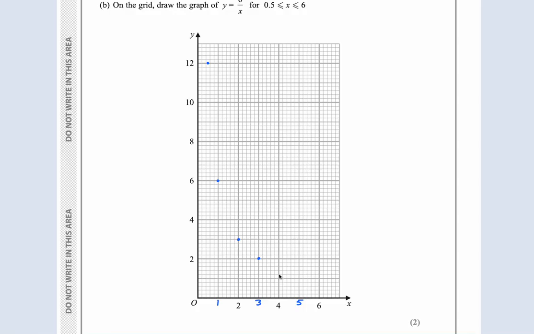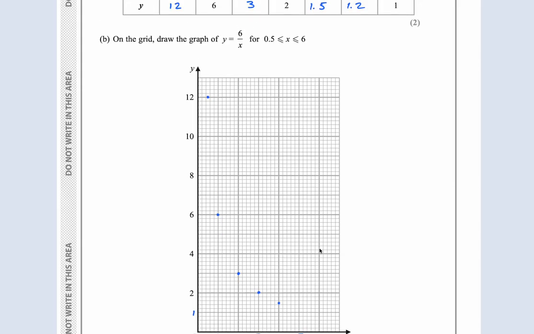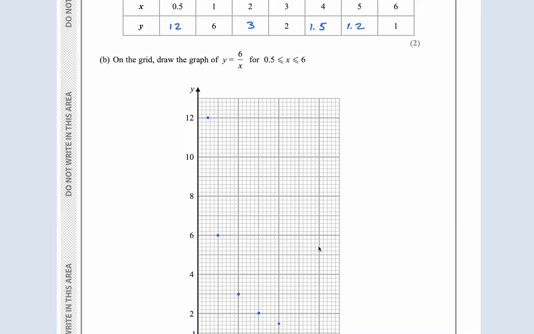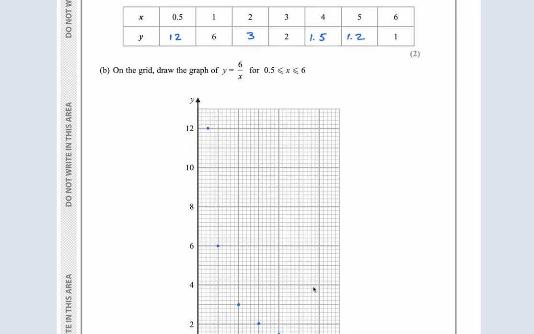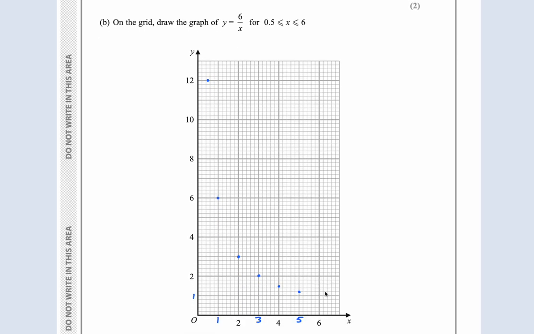Right, 1.5 is bang in the middle there, because this, guys, is 1. So 1.5 is in the middle, and yet you do have to be pretty accurate. 5 is 1.2. These are going up in 0.2s, so it's right on that one there. And finally 6, 1 is somewhat easy. It's here, 6, 1. Okay.